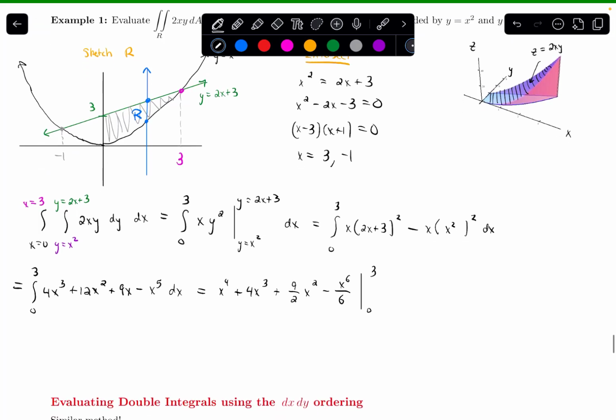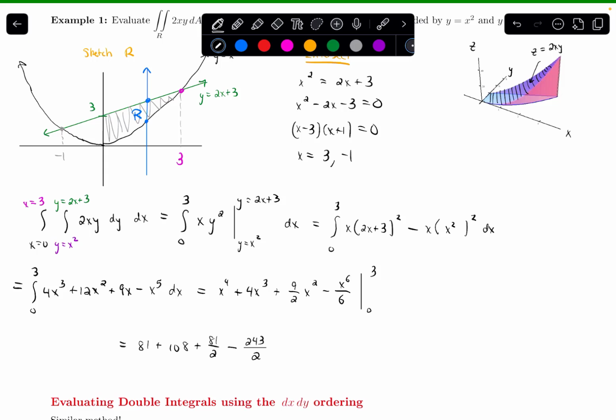If we plug 3 into this, I'll get 81 plus 108 plus 81 over 2. And then minus, with this last term, there's a 3 on the top and the bottom that will cancel, and I'll be left with 243 over 2 on the bottom, that's 3 to the 5 over 2 after I cancel the 3.